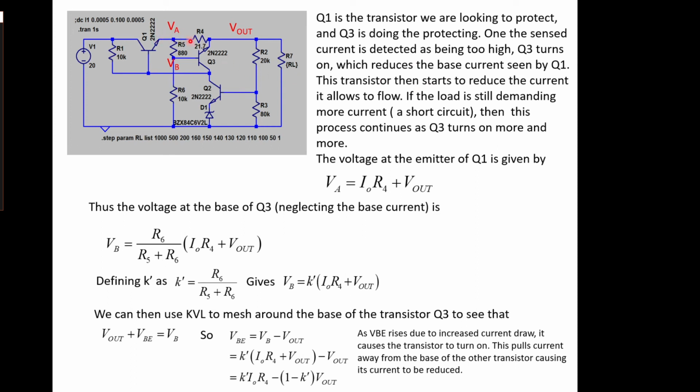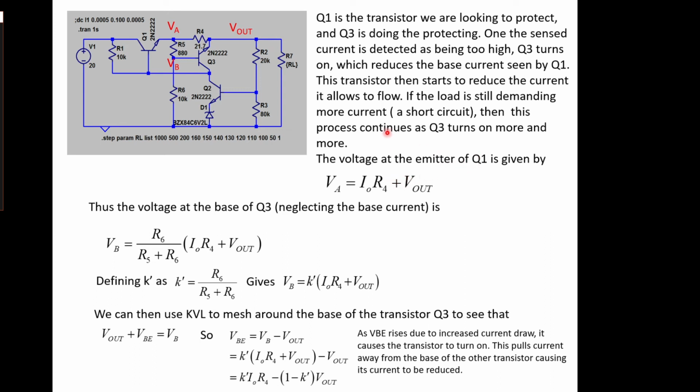If the load is still demanding more current because it's a short circuit, for example, then this process continues further, and Q3 will turn on more and more as more and more current is pulled through here, and this one is turned off more and more, but it all doesn't happen instantly, and so the maximum current that's allowed to flow is reduced.